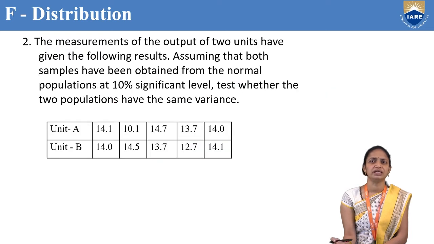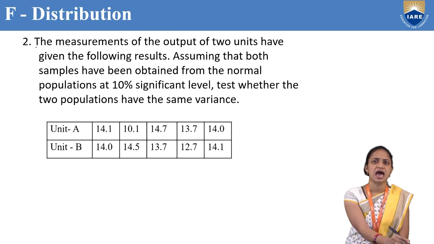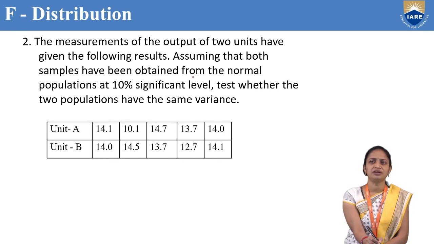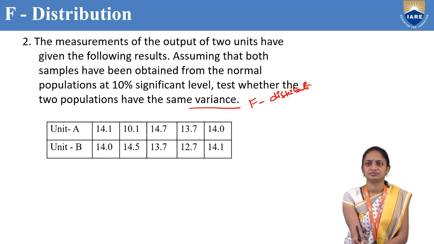And the second problem: the measurements of the output of two units have given the following results. Assuming that both samples have been obtained from normal populations, at 10% significance level, test whether the two populations have the same variances. For variances we use the F distribution. Unit A is this one and unit B is this one.